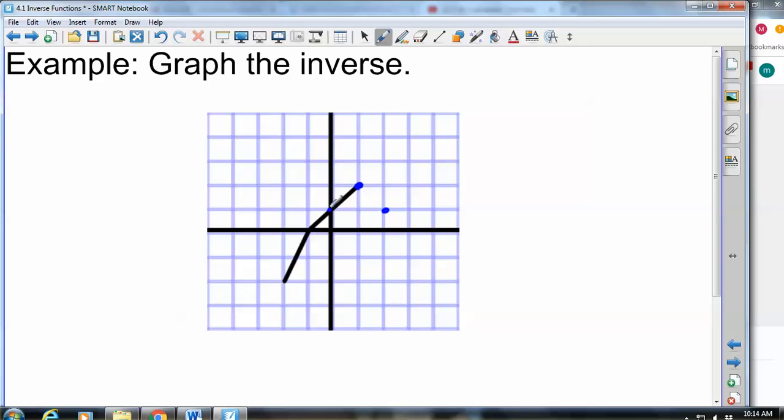This is 0, 1, so that would go to 1, 0. Negative 1, 0 will go to 0, negative 1. I think my graph is a little skewed here. But this is at negative 2, negative 2, so that would still be at negative 2, negative 2. So we get that graph.